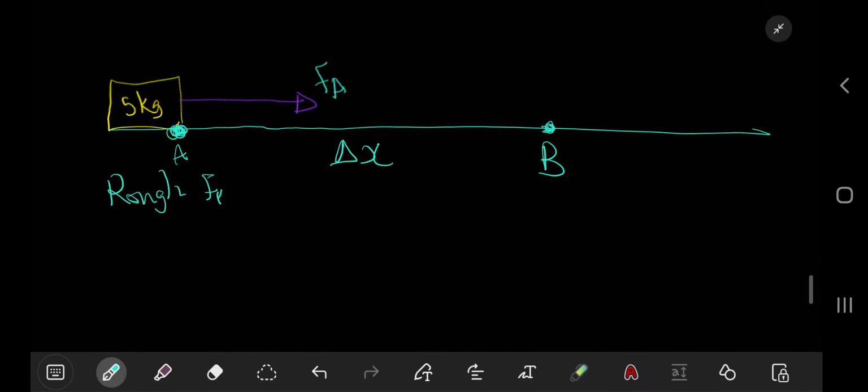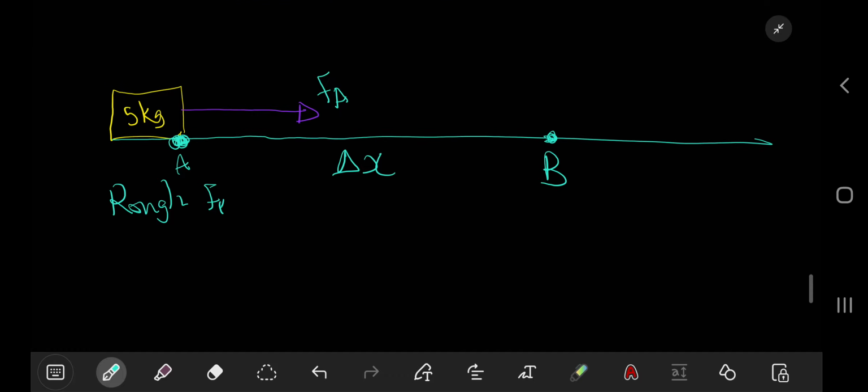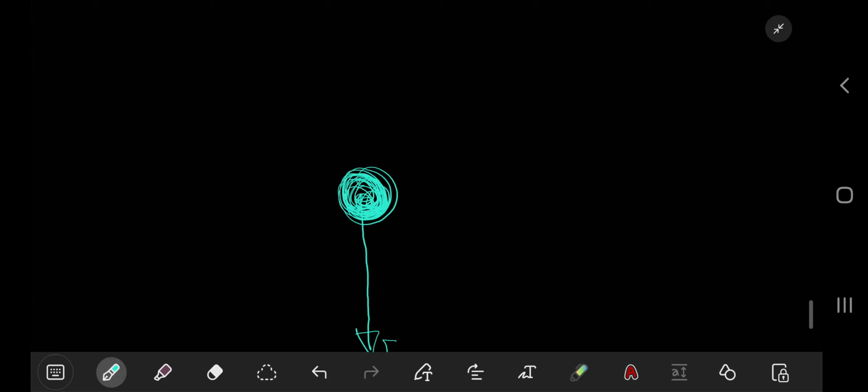So let us firstly identify all the forces that are acting on the object through a free body diagram. In the lessons for forces, we explained that you identify your forces using keywords. I've said there is an object of mass 5 kg. The fact that there is mass means that we have gravitational force, which is pointing downwards. That is the first force acting on your object.